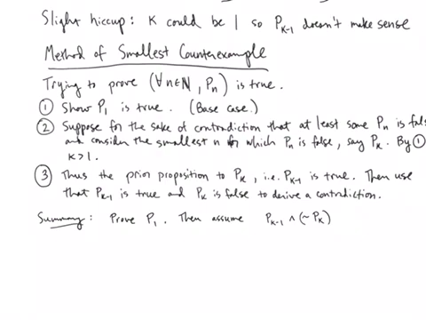So that k was the minimal k such that not P sub k is true above. You assume that for some k and then derive a contradiction.